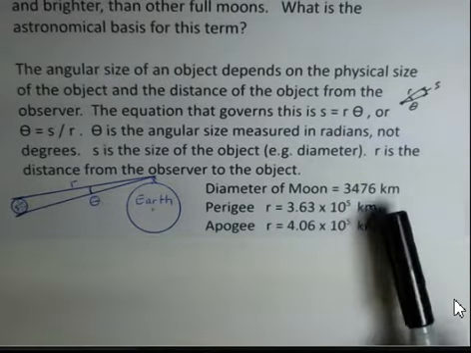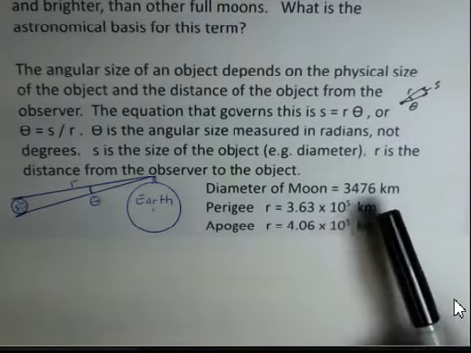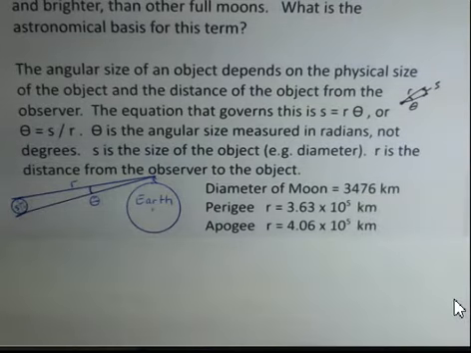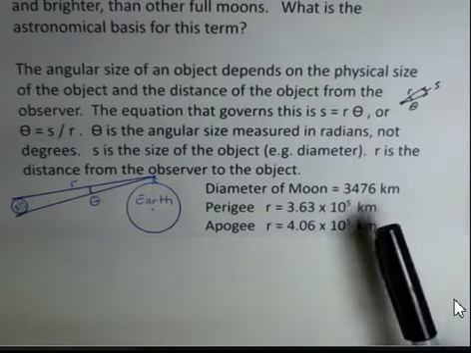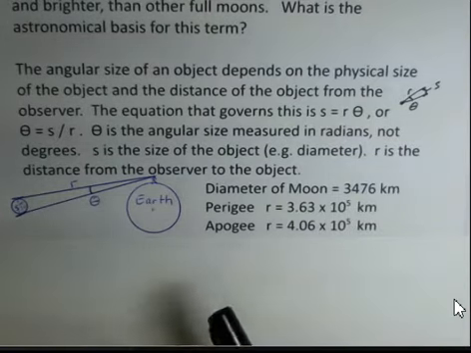The diameter of the moon, this is an approximation, 3476. I think it actually might be closer to 3475, but I just doubled the radius. That was a rounded value, so I'm going to use 3476. The moon's path around the Earth is not a circle.